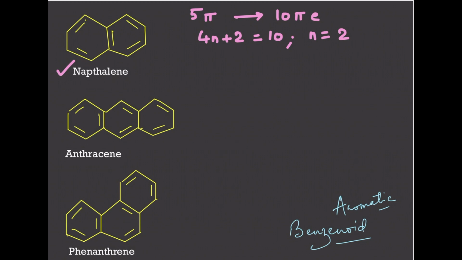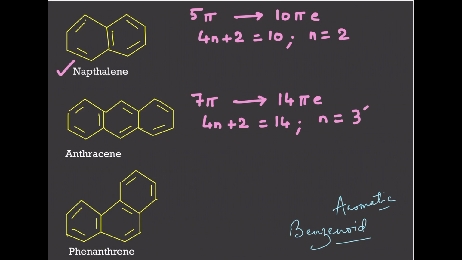Similarly, we have anthracene. There are 7 pi bonds in anthracene, which corresponds to 14 pi electrons in the system. That means 4n plus 2 will be equal to 14, and from here the value of n comes out to be 3. Again, it is a whole number, and this fits Huckel's rule.